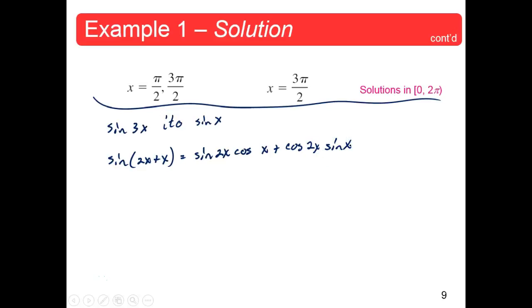Perfect. Oh, but we still got two x's in there. What can we do with those? Say again? Okay, use the double angle formula. What's sine of 2x? 2 times the sine of x times cosine x times another cosine x, so that will be a cosine squared x, won't it?